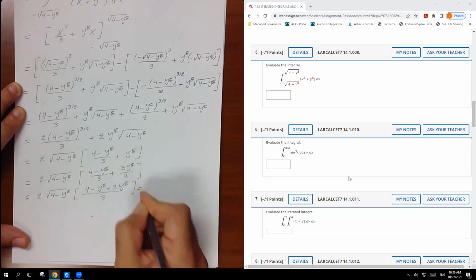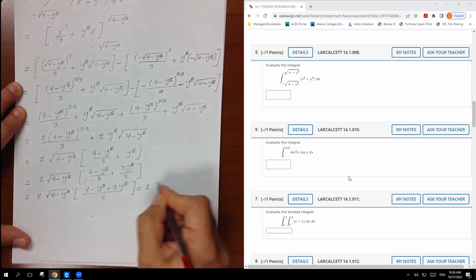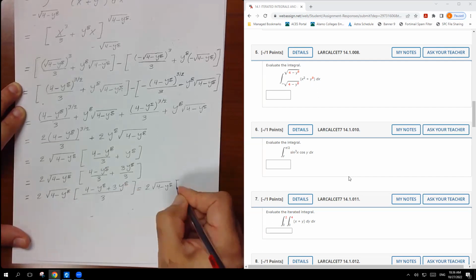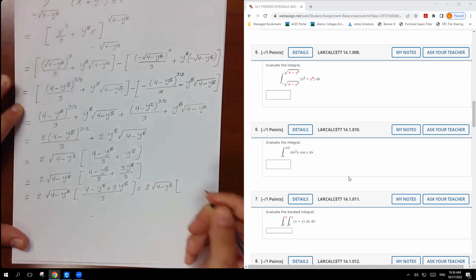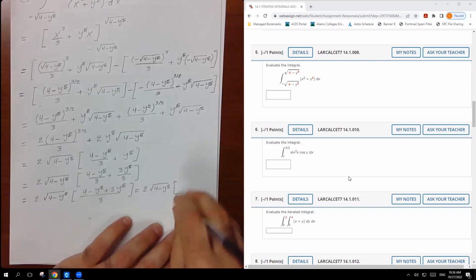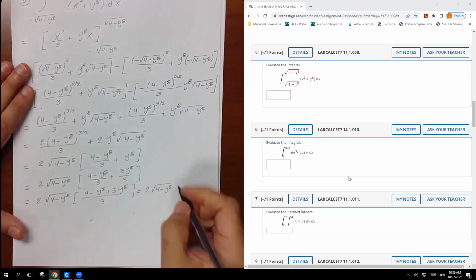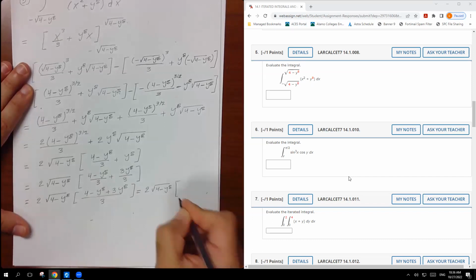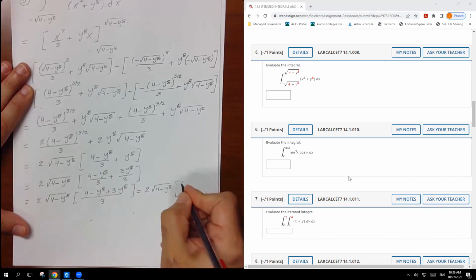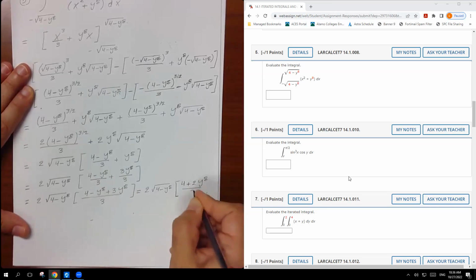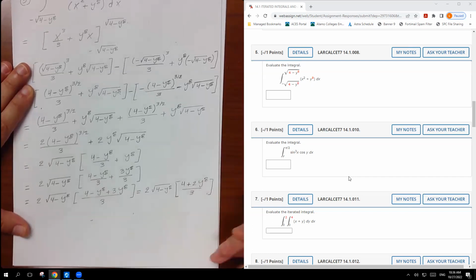And this one is going to be equal to square root of 4 minus y to the power 8, and the left here is going to be 4 plus 2y to the power 8 divided by 3.